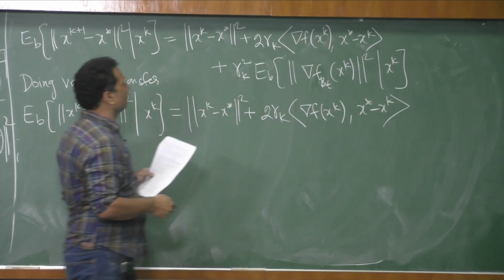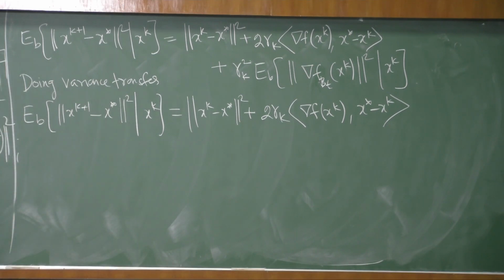Variance transfer only works on the last term. The variance transfer for the mini batch was Lemma 6.7, which I just stated and did not prove, but we will use that lemma. We can do that as an exercise.